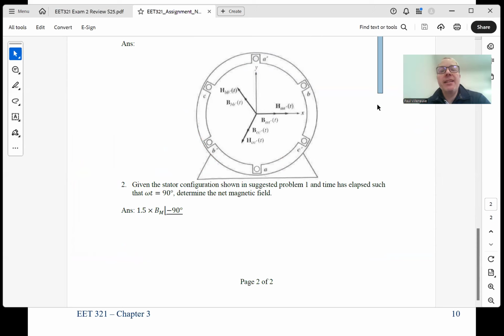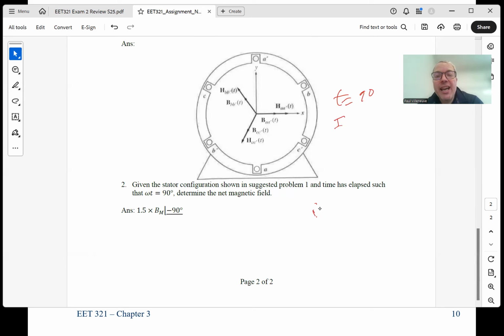So BA is going to be, let's see. Actually, I'm kind of doing it backwards. I think those aren't those values. I think it was for T equals 90 degrees. Well, okay. If we do whatever value, we'll do the ones that are there.